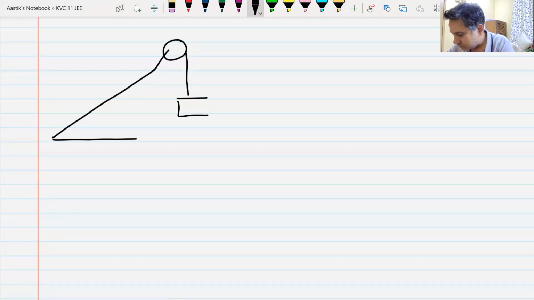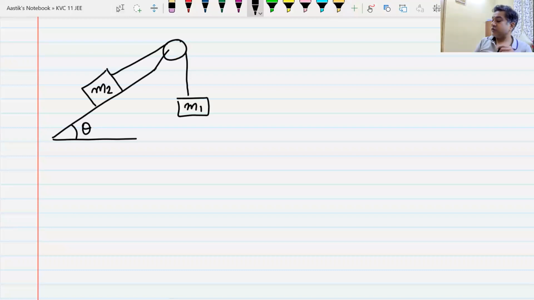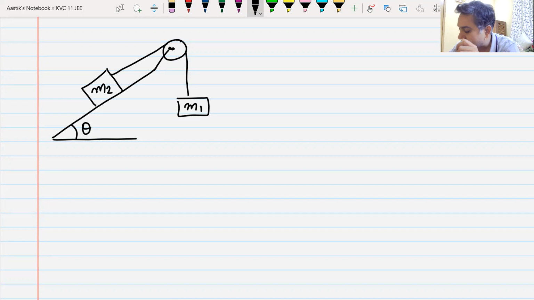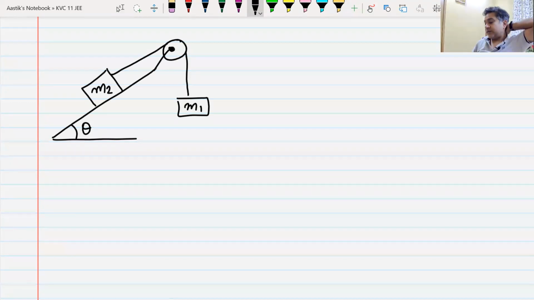So this is M1. This is an incline at an angle theta. And this is M2. I'll give you a minute to draw the free body diagram of this one. You can see a pulley as well. And you draw the free body diagram of this block. I'll give you 1 minute.